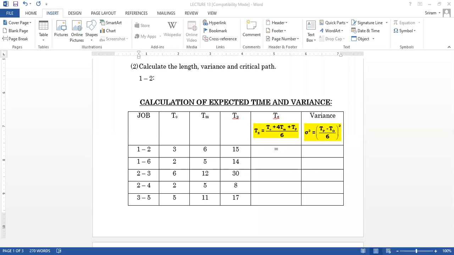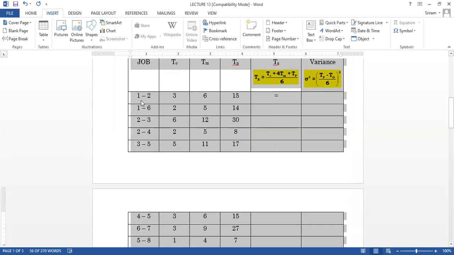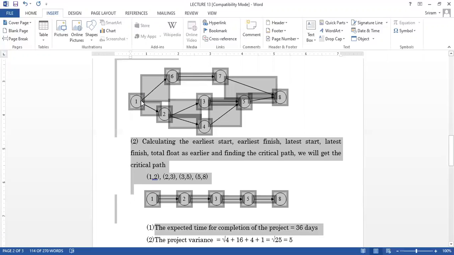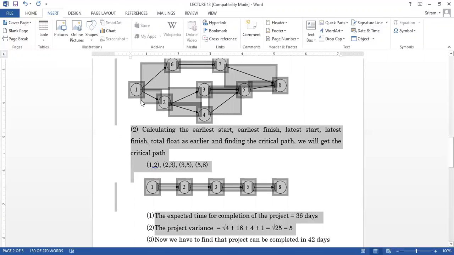I will do one thing: I am copying the document to another Word document because this Word is not working. Then we will continue. Okay, doctor, take your time.